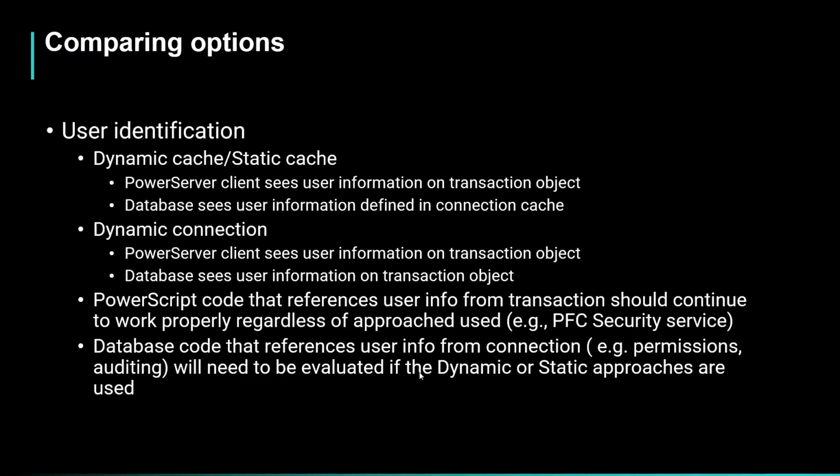So what you're going to need to look at is an alternative means of letting your database know who the user is for each particular call. You might pass it in as a parameter to the REST call. So the database, if you're doing things like auditing where you need to know who the user is, would use that to get the user information rather than trying to use the user ID on the connection.